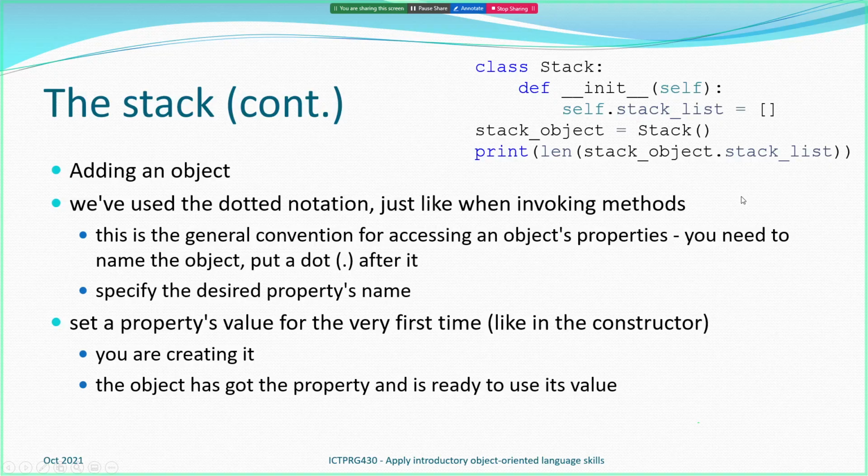We can now access these properties throughout our code. If you think back to the earlier elements of the course, it's like the methods. So we're calling functions and methods. That's basically how we did it, wasn't it?